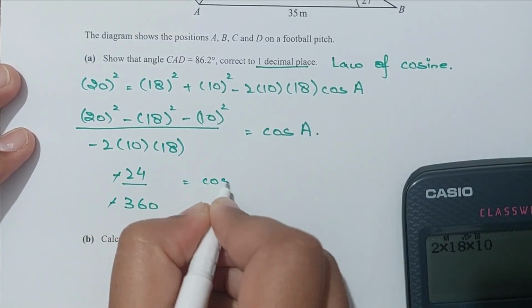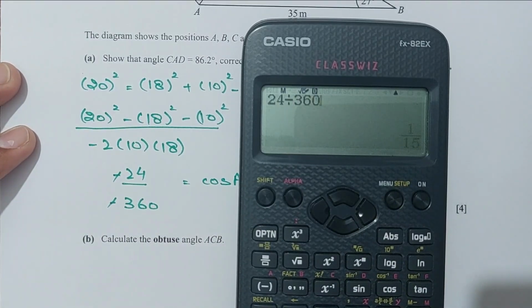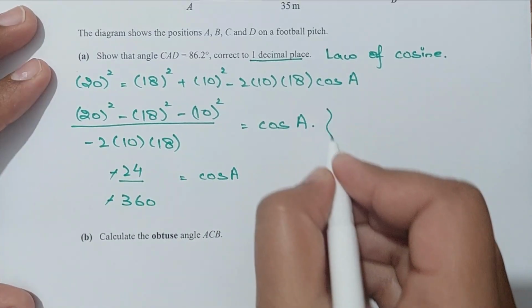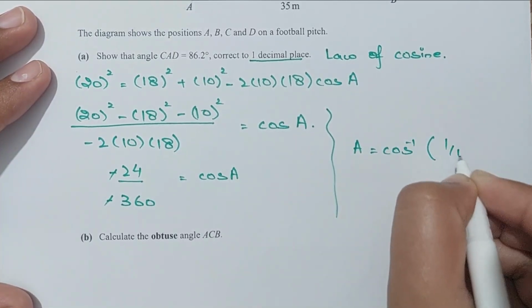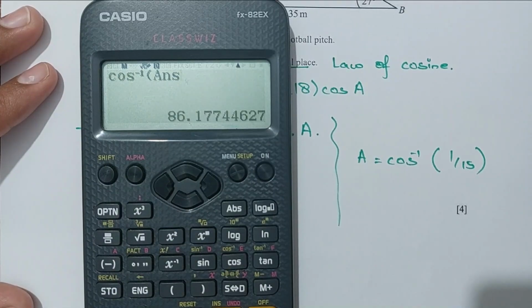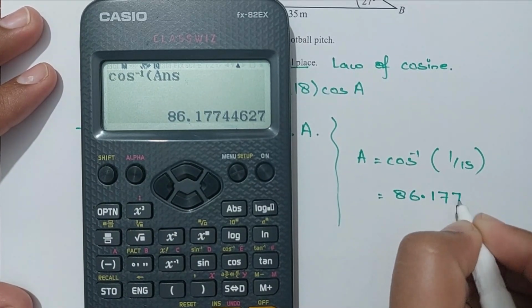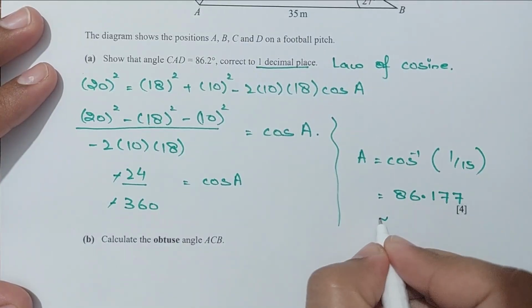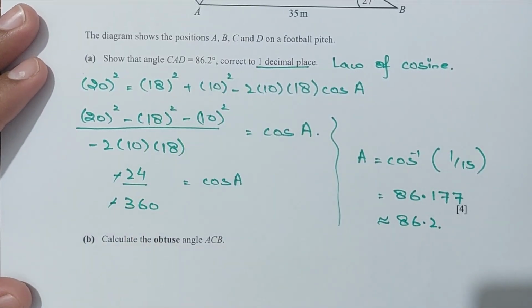This is my cos of A. So what is 24 over 360? 1 out of 15. So A would be cos inverse of 1 by 15. Cos inverse of the answer is 86.177. Up to one decimal place, the answer is 86.2. So it is proved that it is 86.2.